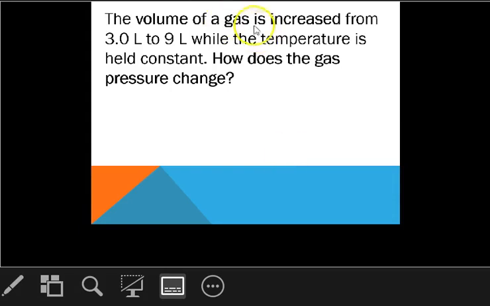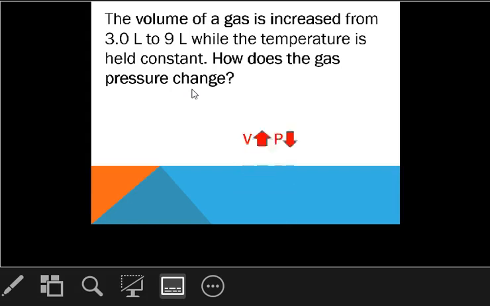The volume of a gas is increased from 3 to 9 liters while the temperature is held constant. How does the gas change? What variables are we looking at here? We're looking at volume and pressure. So volume and pressure doesn't involve temperature.